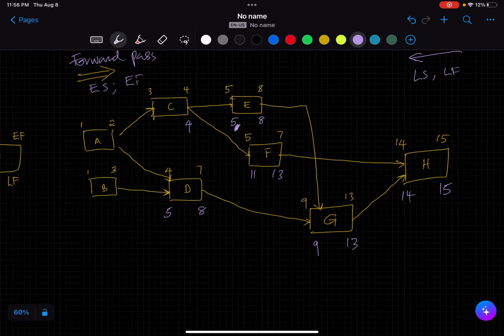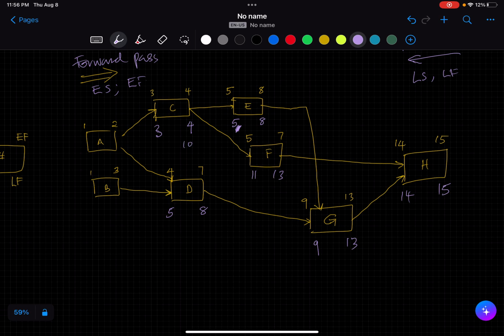So let's take this. This will be 4 and this will be 3. What does this mean, right? This means that if we're to consider for F, and we say, okay, instead of 4, this should be 10, it will automatically shift the late start for E, in which case our project will shift. Remember, we're coming from a point where the project is not going to shift. 15th week is the 15th week. Nothing will shift that. We're only looking at what are the slacks, what are the adjustable dates within the project.